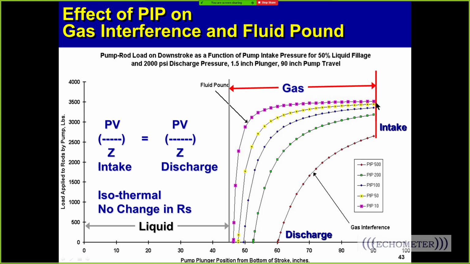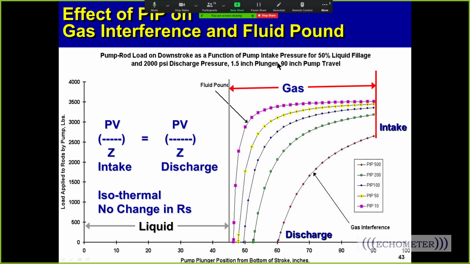So here we go from 45 inches of gas at 10 psi to 2 inches of gas at 2,000 psi. This is a low pressure gas compression curve.